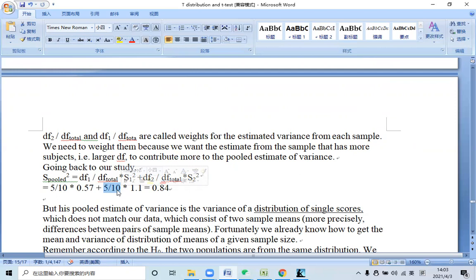In some situations, one group has more people than the other group, and then the weight of the two estimates would be different. Basically you get a weighted average of the two estimates. In this case, the two estimates have equal weights. The pooled estimate would be 0.48.